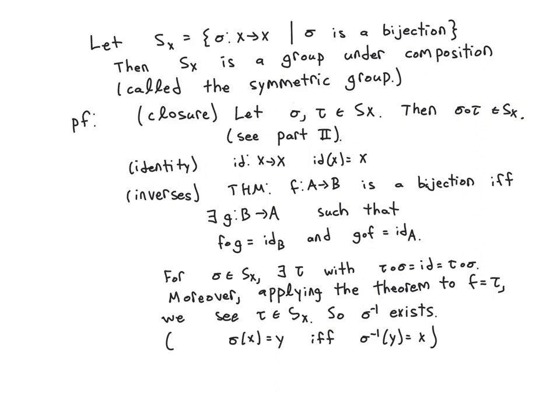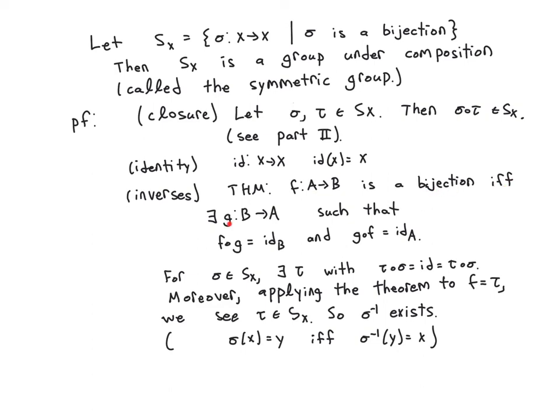So we've got the associativity, we've got our identity function. The last thing we need is the existence of inverses. And so a theorem that was on the first worksheet is that a function from A to B is a bijection if and only if it has an inverse.